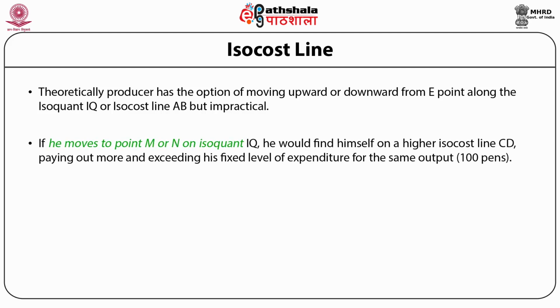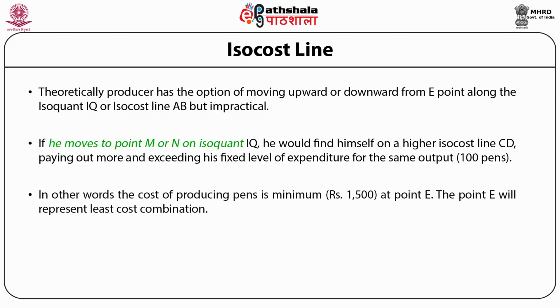If he moves to point M or N on isoquant IQ, he would find himself on a higher isocost line, that is CD, paying out more and exceeding his fixed level of expenditure for the same output, that is for 100 pens. In other words, the cost of producing pens is minimum, that is rupees 1500, at point E. The point E will represent the least cost combination.